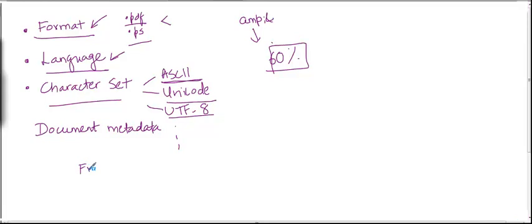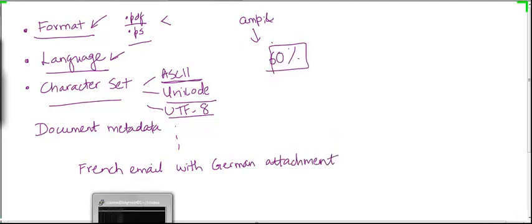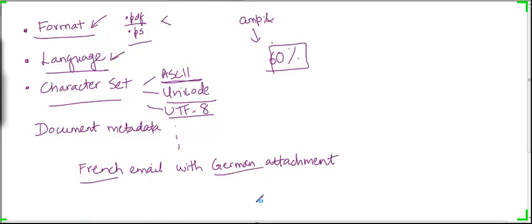Suppose there is a French email, an email written in French, and an attached file in German. How would you build a search system to deal with such heterogeneity in language? Okay, this is an issue you'll have to think about.